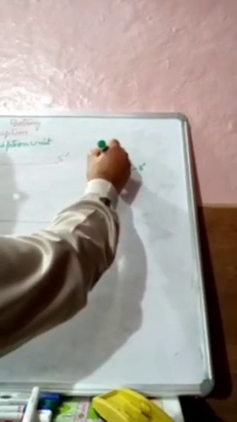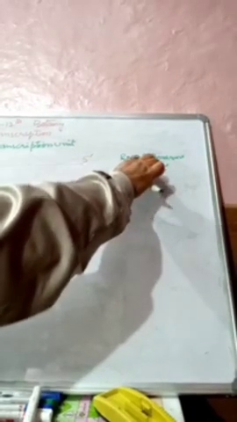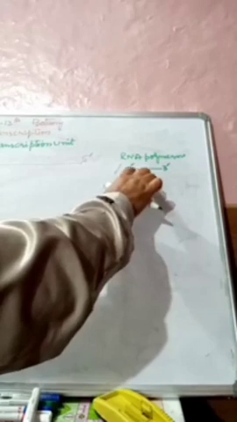So RNA polymerase will always function from the 5' to the 3' end. This means it always starts from 5' and goes towards the 3' end, and this RNA polymerase will synthesize the mRNA only in this direction.